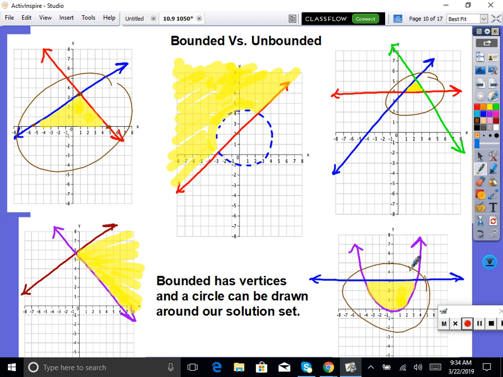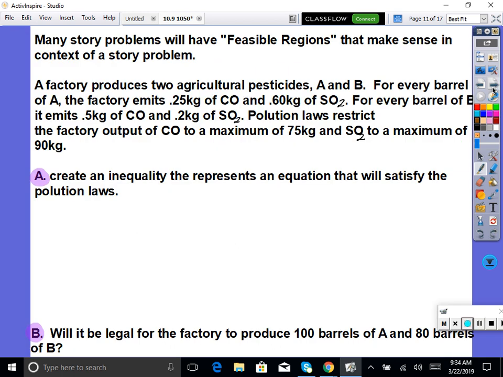Now, why that's important is because when we get to story problems, it would make sense to have what's called feasible regions. Meaning, in the context of a story problem, let's think about this. If we were to solve a system of equations in a story problem here, here's our XY chart. Don't we input positive stuff always into story problems, right?